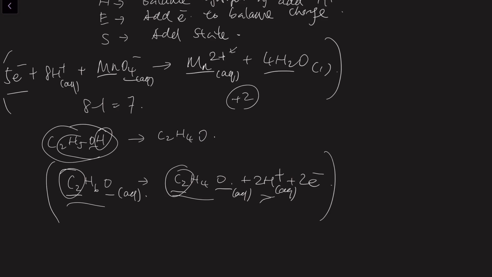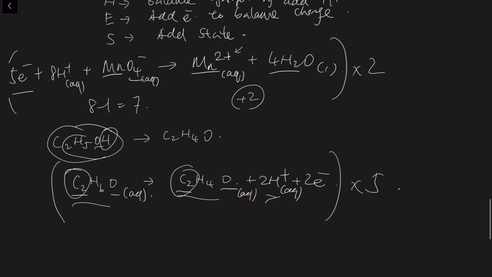So we need to balance this by multiplying the top by 2, the bottom by 5. So now we have 10 electrons in this reduction, and also 2 times 5 equal to 10 electrons for this oxidation. So great.